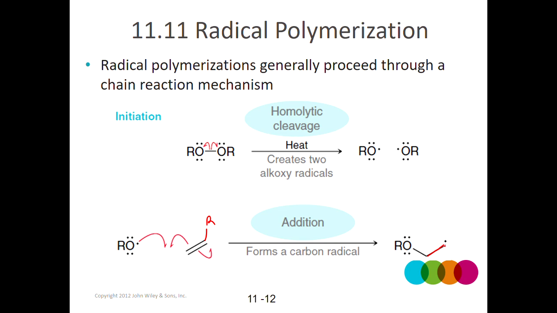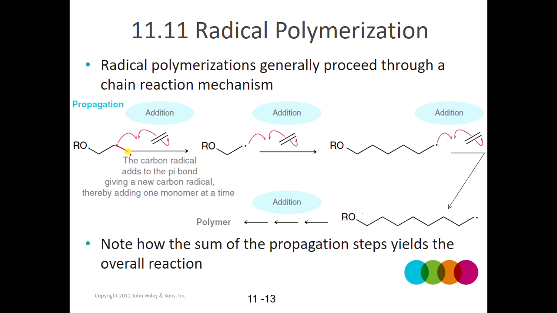Well, it would still be here. That R group would help to stabilize the radical. It would still be here, stabilizing the radical. It would be here, here, here. So every monomer would have that R group.